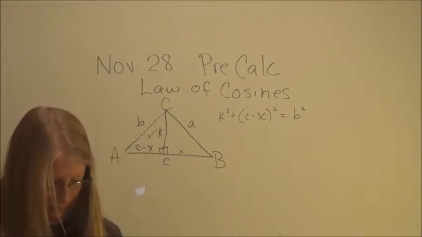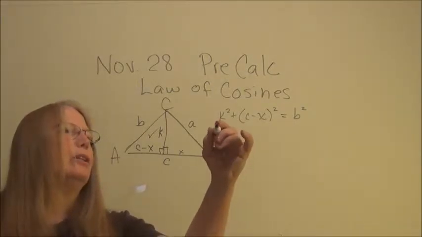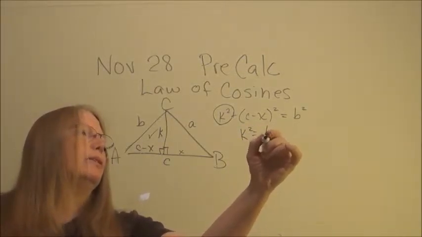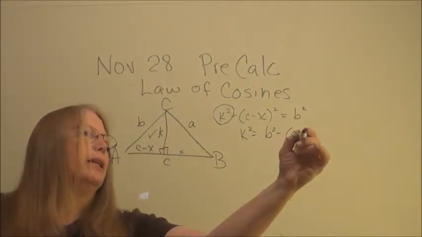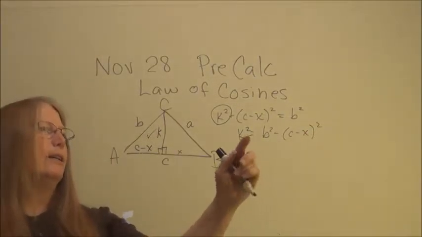I am going to solve for k squared. K squared equals b squared minus c minus x squared. So keep that in mind right there.